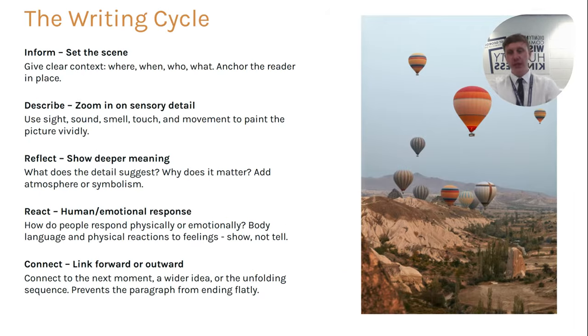Okay, the writing cycle. We follow the same descriptive cycle that is from AQA themselves. What's really good about this descriptive cycle is that because we have the reflect and react elements to it, we're not just constantly describing the world out there, but there's this internal psychological element, and it invites almost a philosophical reflection on human existence, our relationship with nature, time, memory, civilizations rising and falling, and so on.